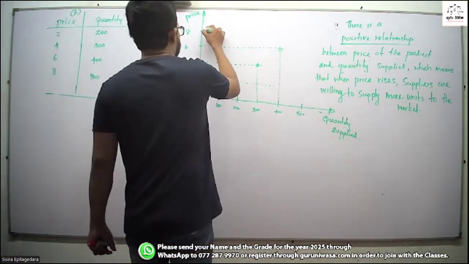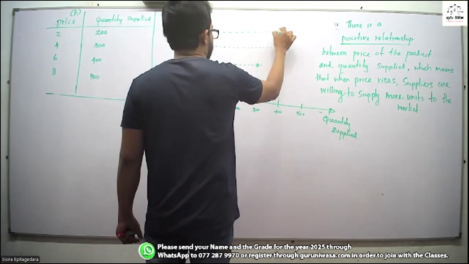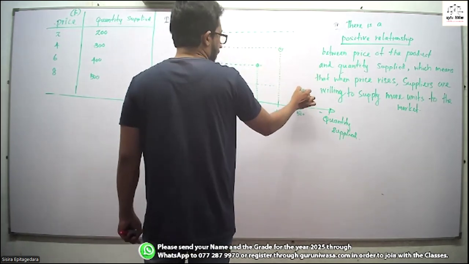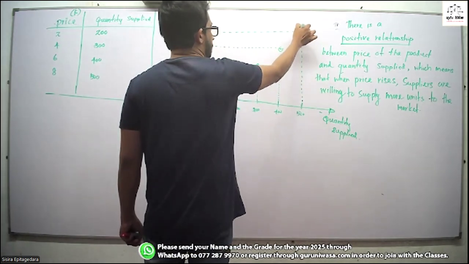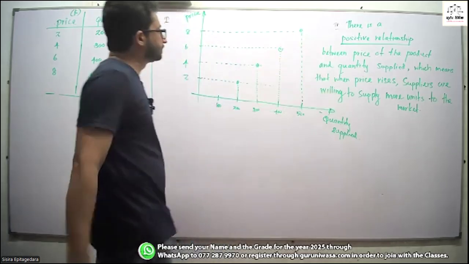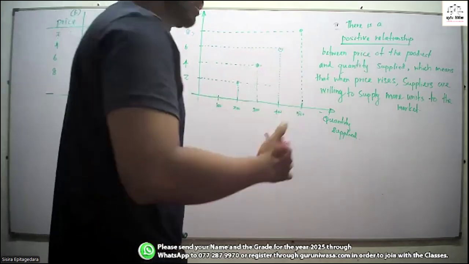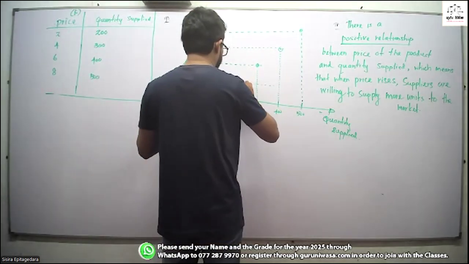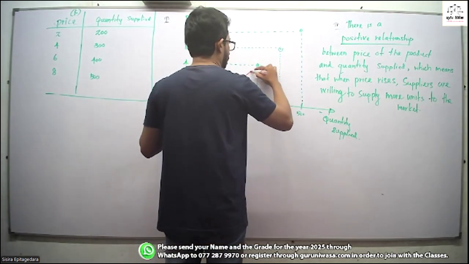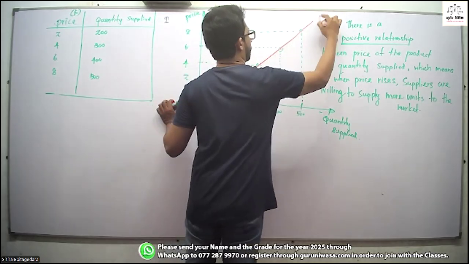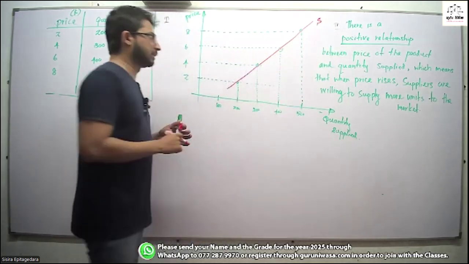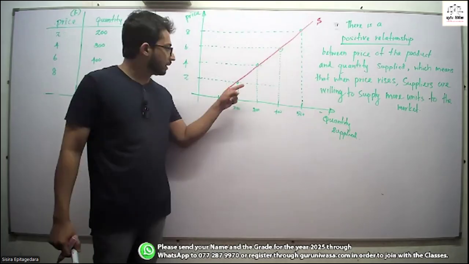Then when price is 8 rupees, quantity supplied is going to be 500 units. Right? Then your supply curve goes up like this.